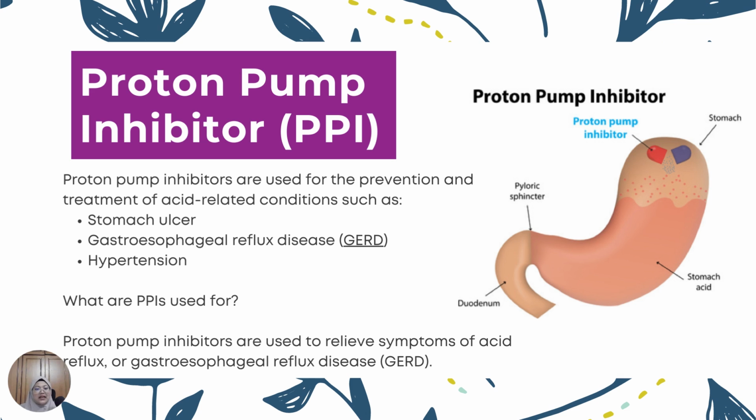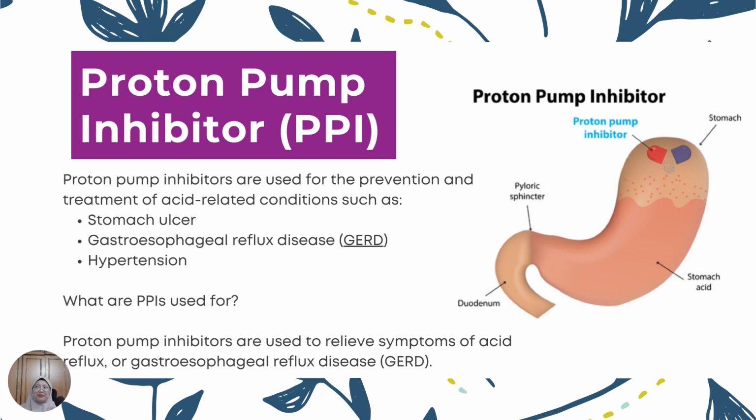The last one is proton pump inhibitor, PPI. Proton pump inhibitors are used for the prevention and treatment of acid-related conditions such as stomach ulcer, gastroesophageal reflux disease, GERD, and the last one, hypertension.